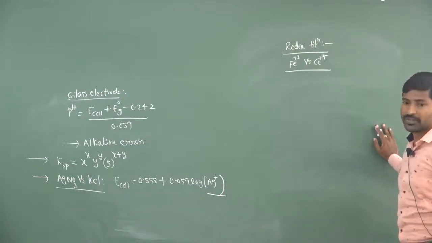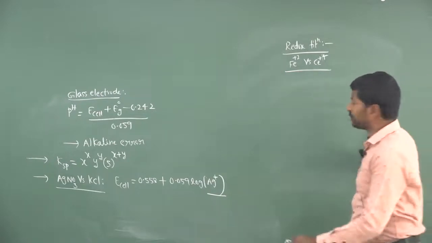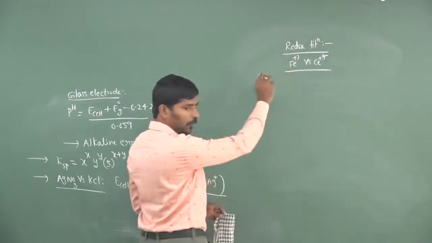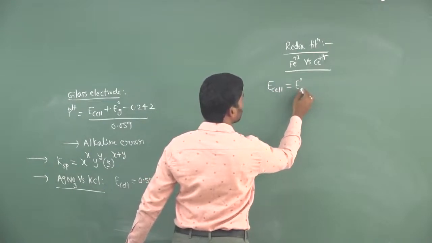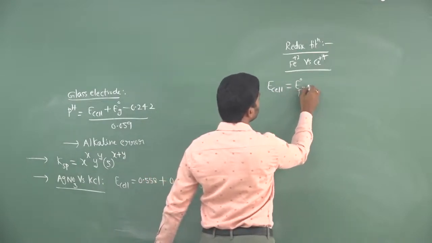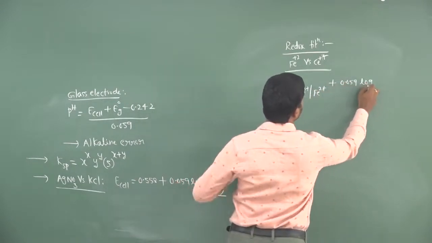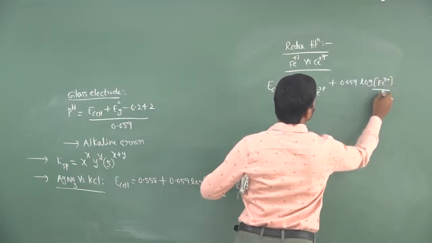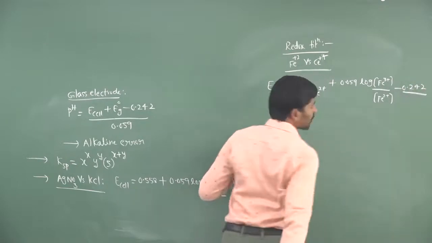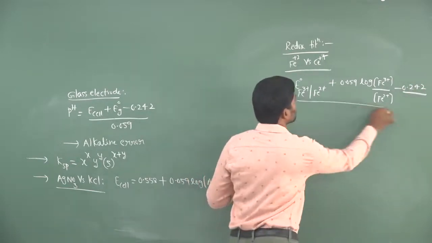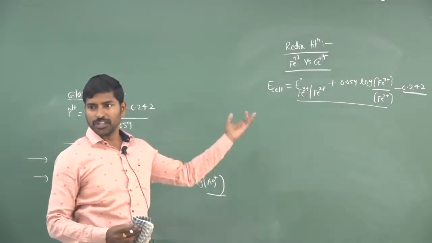Before the end point, this is the expression for cell potential: E0 of Fe3 plus to Fe2 plus, plus 0.059 log concentration of Fe3 plus by Fe2 plus, minus 0.242. This is the reduction potential of the saturated calomel electrode, and this is the reduction potential of iron. Fe3 plus with an electron gives rise to Fe2 plus, to which you may apply the Nernst equation.